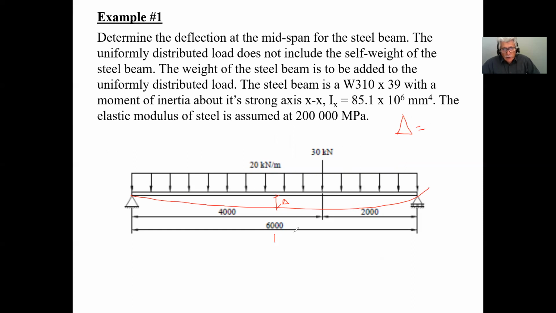So at midspan, the uniformly distributed load, in other words this one here, does not include the self-weight of the beam, okay? So we have to add the self-weight of the beam to this load, okay? Now, the steel beam is a W310 by 39.